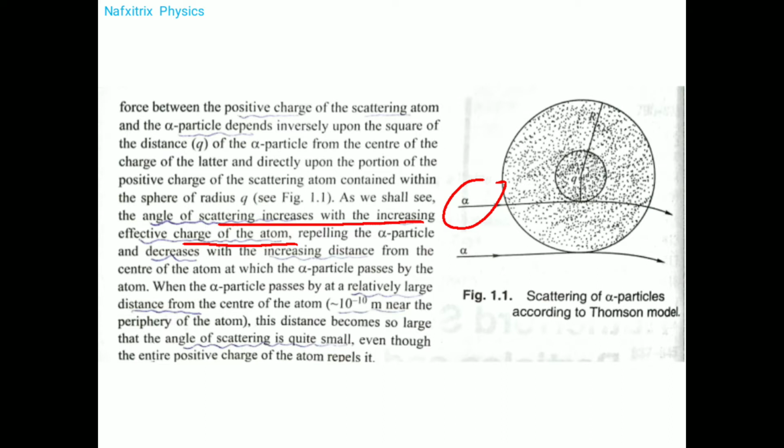The angle of scattering increases with increasing effective charge of the atom repelling the alpha particle and decreases with increasing distance from the center of the atom the particle passes by. So when the particle passes through the atom at a relatively large distance from the center of the atom, the angle of scattering is quite small.